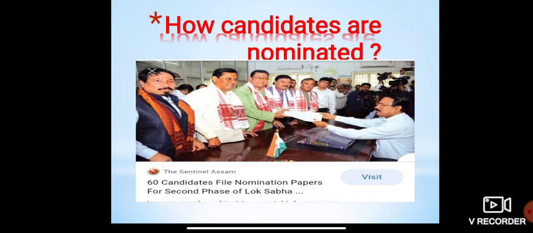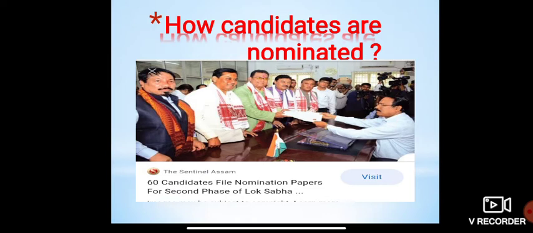Likewise, we also have independent candidates, which means a person who doesn't belong to any political party. He can stand alone and contest against the other parties. Suppose he wins the seat in his constituency.